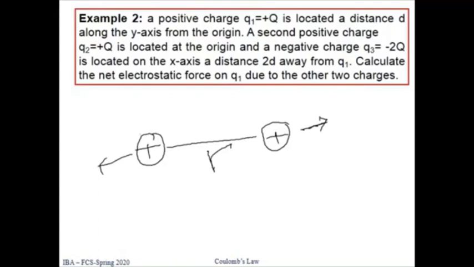However, if we have two opposite polarities, say a positive charge and a negative charge, the distance between these two charges again considered as r. In this case, because of the opposite polarity, the force would be attractive and the force vectors would be towards each other in both cases.